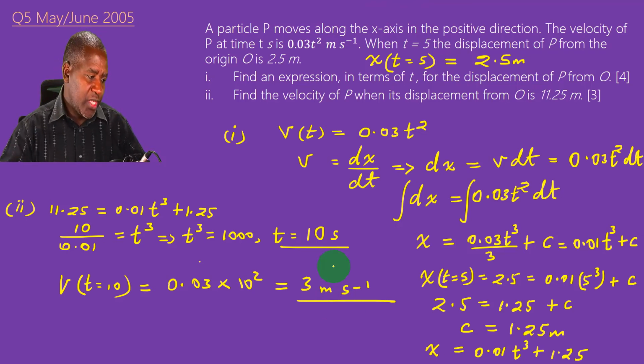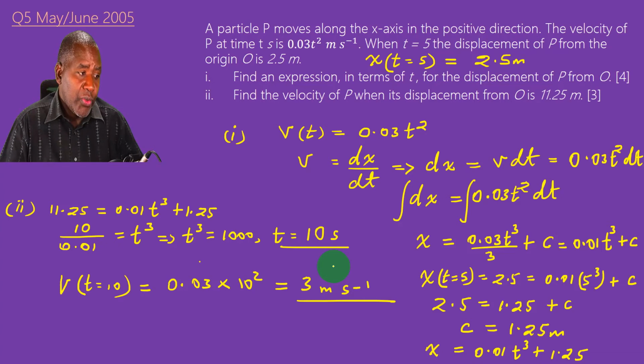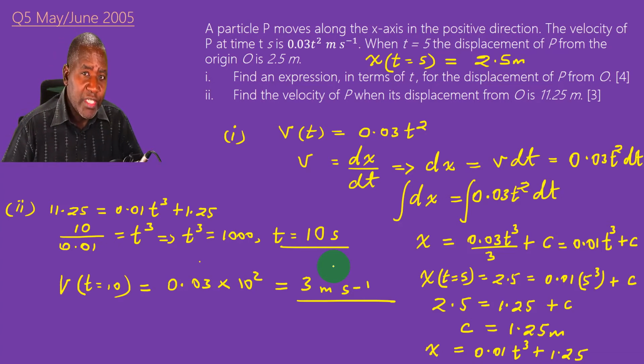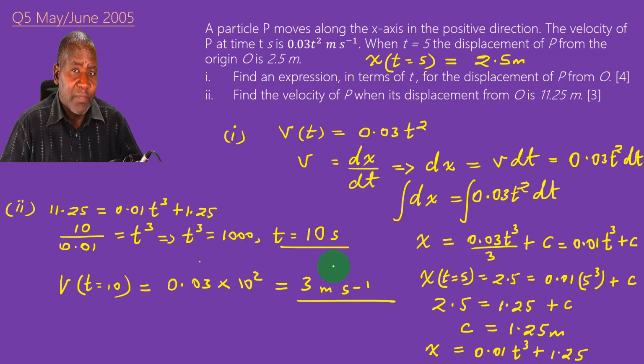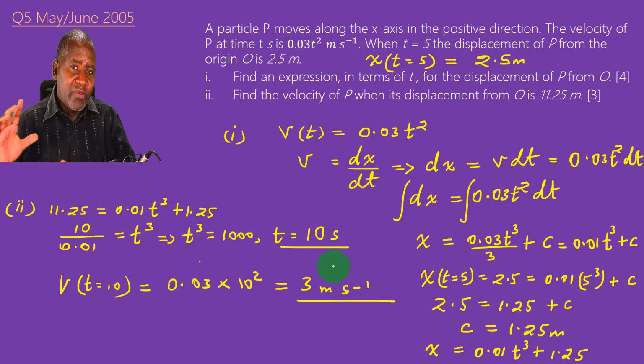When it comes to this type of question where we have to differentiate and integrate, all we need to know is, when do we differentiate? When do we integrate? What does it mean when we get this kind of expression? How do we link what is happening on one side to what is happening on the other side?